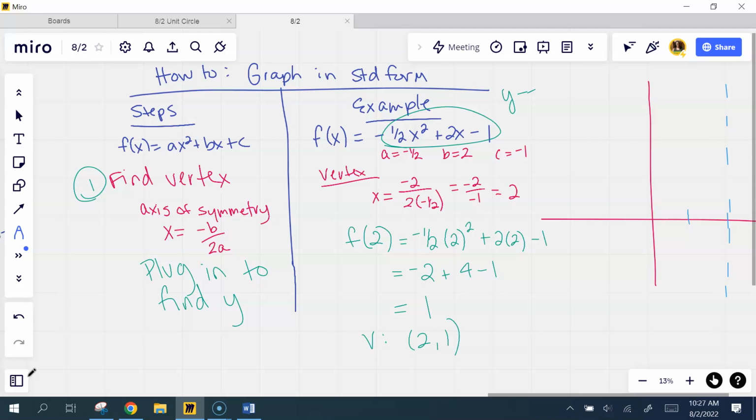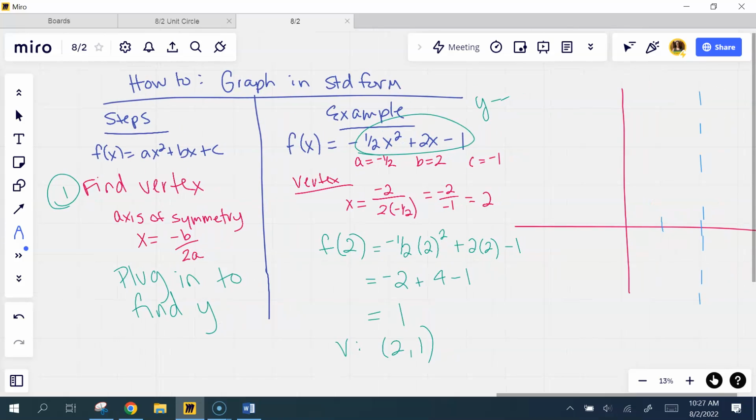Are we all okay with how we found it? 2, 1. Sometimes I'll put a little V there just to let myself know that is my vertex, especially if I didn't draw the axis of symmetry through there, which you do not have to. All okay with the vertex?